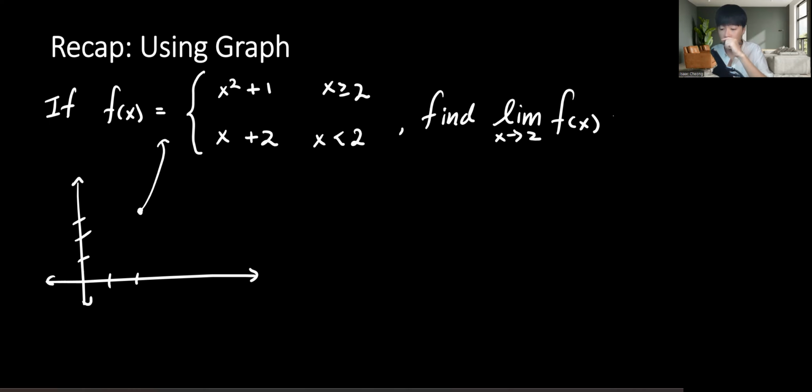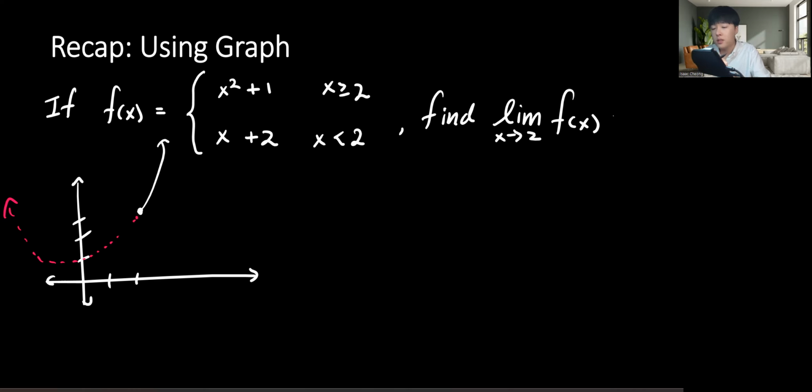You know it will make a quadratic because this function is a quadratic function with a vertical shift by 1. So it originally looks like this. And it is included, therefore it should be a closed circle.